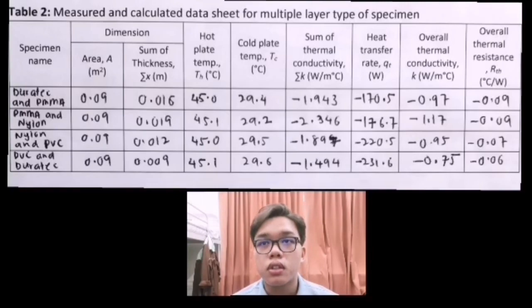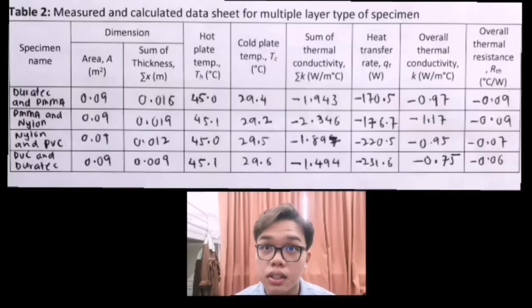And then the next specimen is nylon and PVC. The value of hot plate is 45.0, cold plate 29.5. Sum thermal conductivity is negative 1.897. Heat transfer is 222.5. Overall thermal conductivity is negative 0.95. Overall thermal resistance is negative 0.07.